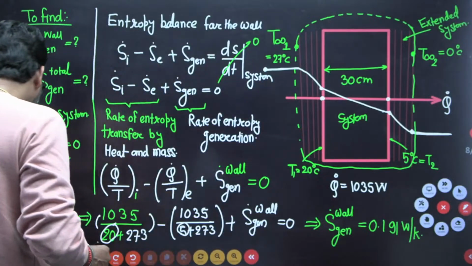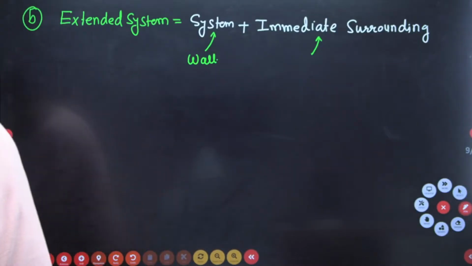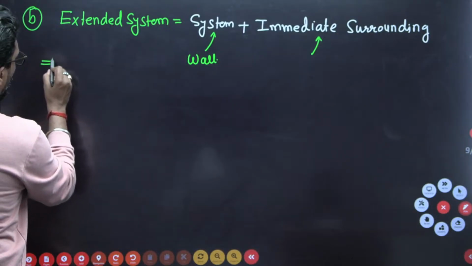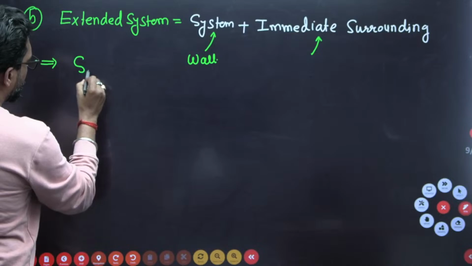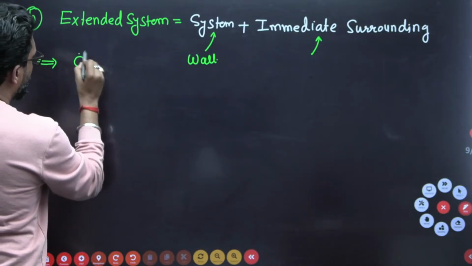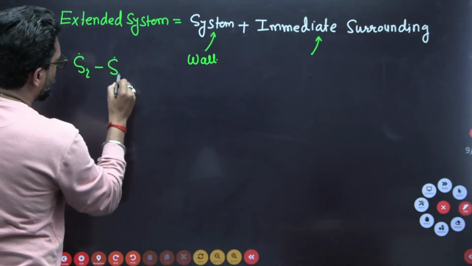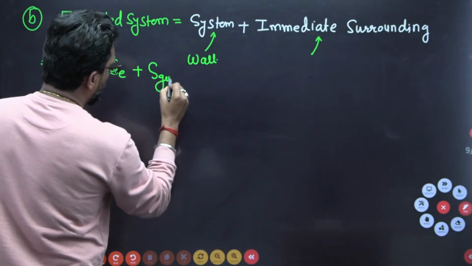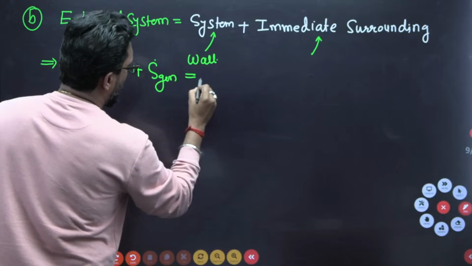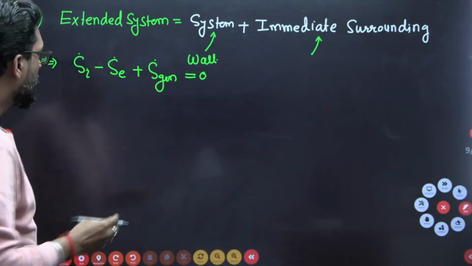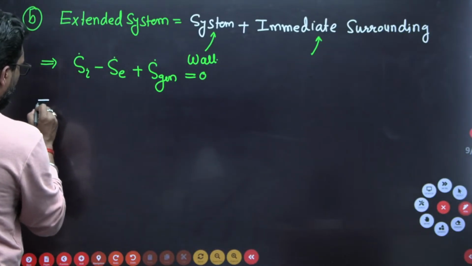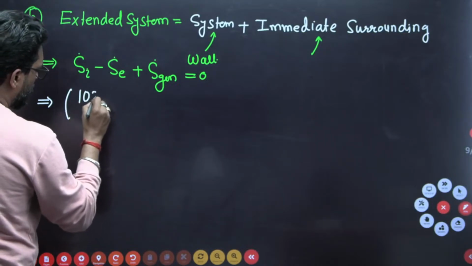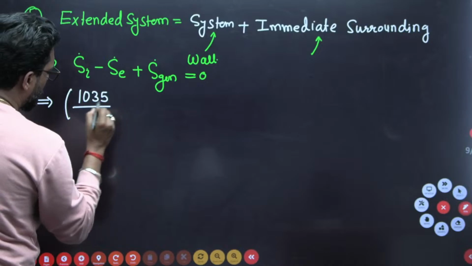So again we have to apply the entropy balance. What is the entropy balance? We know that rate of entropy in minus rate of entropy exit plus rate of entropy generation is equal to 0. Why? Because the system is steady. Now, the heat transfer is 1035, divided by temperature.